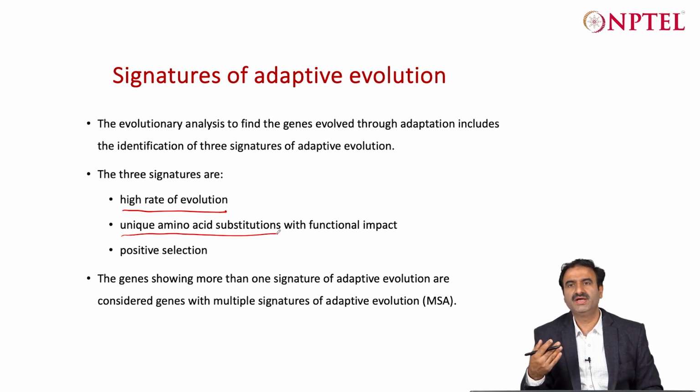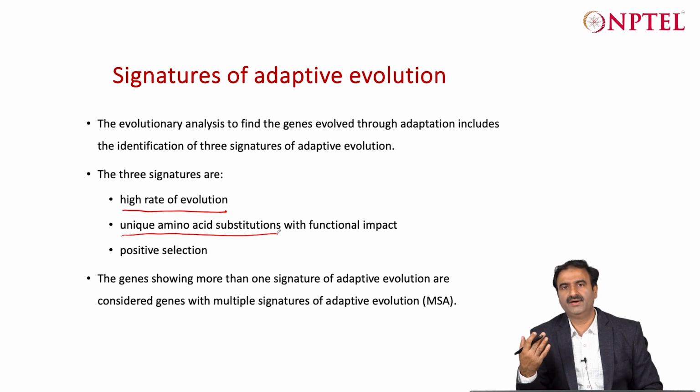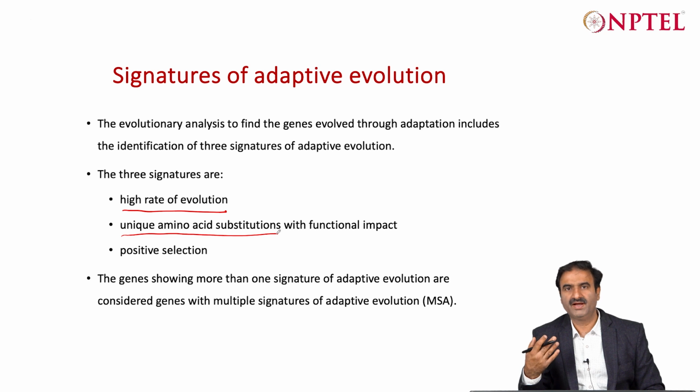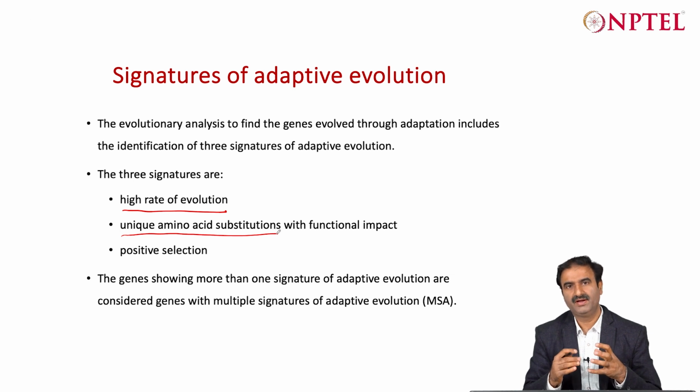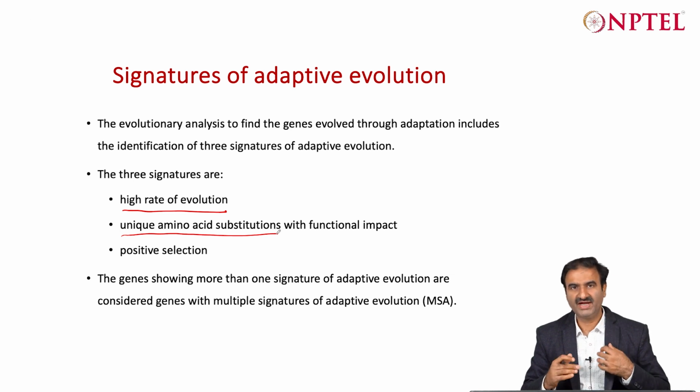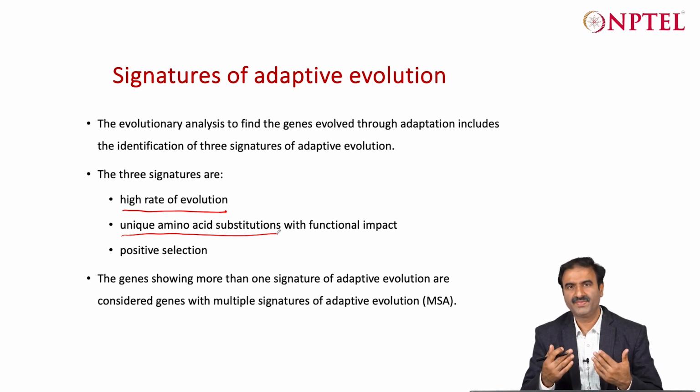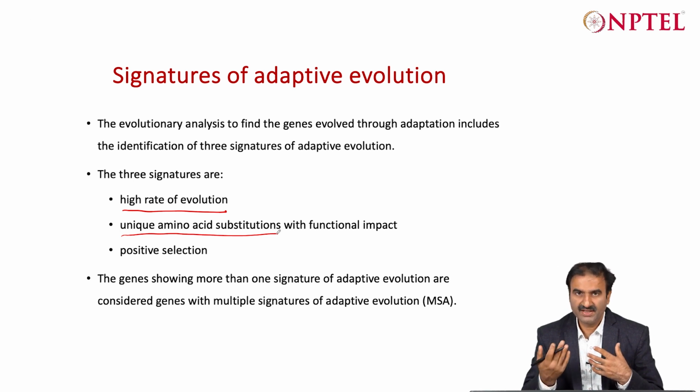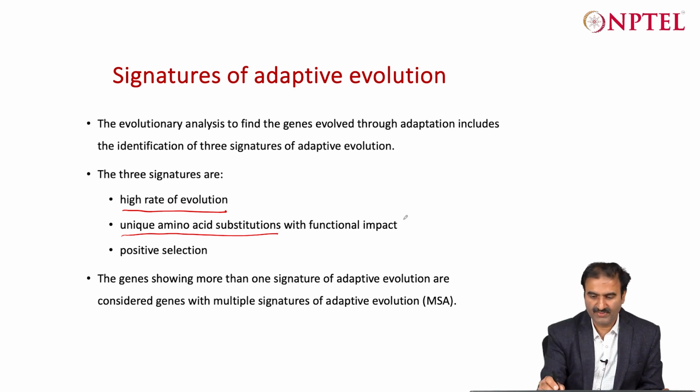Now that change could lead to a functional impact, because at any position in a protein, the amino acid's shape, structure and charge, everything matters. If the change is synonymous, it may not matter much, but if it is non-synonymous or leads to some kind of functional impact, then those changes are more important.